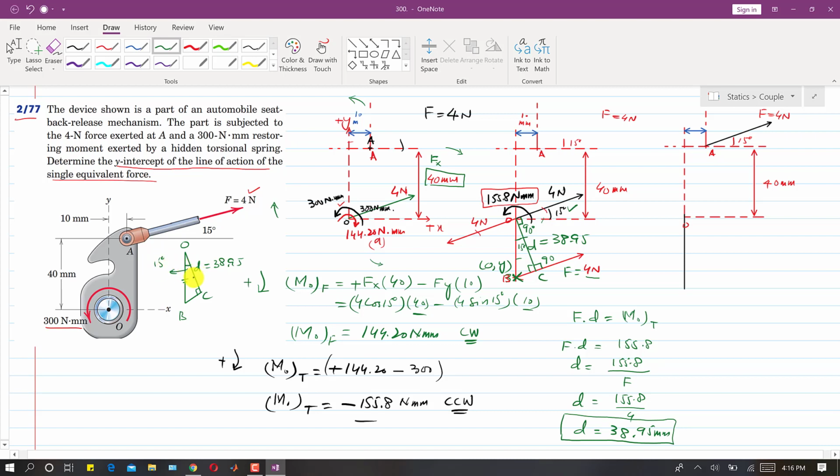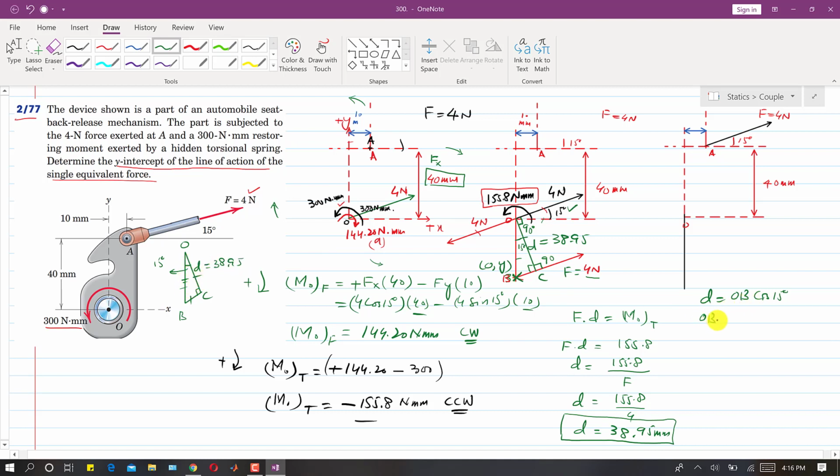So if this is 15 degrees, this is the base, this is the perpendicular, and this is the hypotenuse. This means that D is equal to OB cos of 15 degrees, since D is the base of this triangle, the cos component of OB.